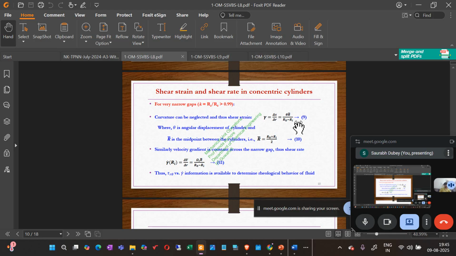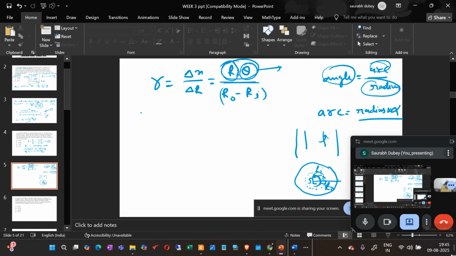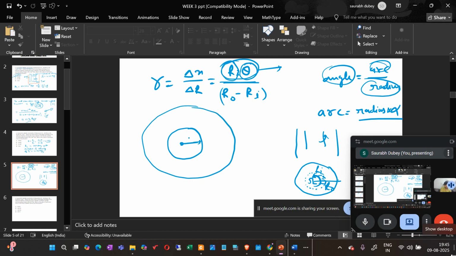So let me just revisit the same. This is your inner cylinder, this is your outer cylinder, right? And this inner cylinder has radius ri, and the outer cylinder has radius r0, right?